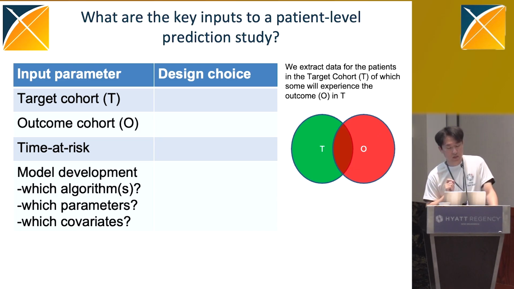The time at risk defines the time period over which our prediction will apply. These are the key components that make our clinical prediction task structured. Beyond that, we will also need to decide which algorithm, parameters, and variables we will use to build the model, but we will cover that part in the next session. So for now, we are just focusing on the T, O, and TAR.